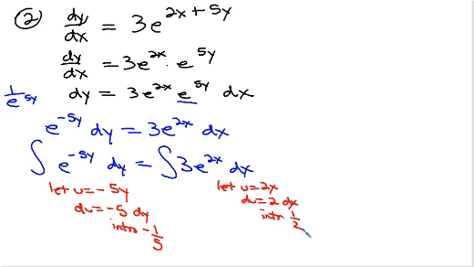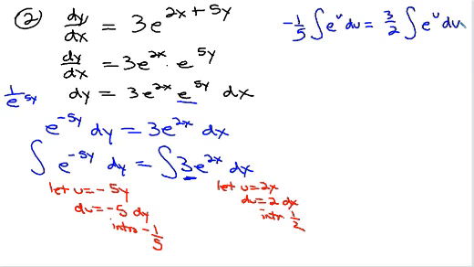So on the left side, I've now got a -1/5 times the integral of e^u du. On the right side, remember that I had this 3 here, so I don't just have a 3 out in front, I've got a 1/2 out in front, so I have 3/2 times the integral of e^u du.